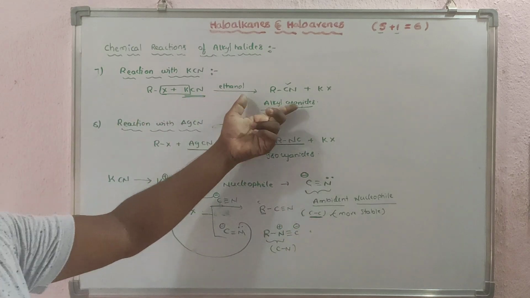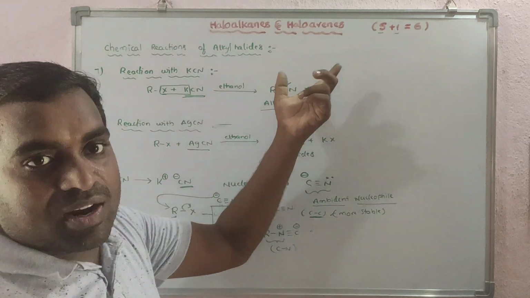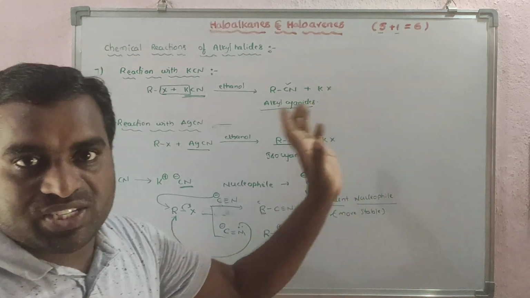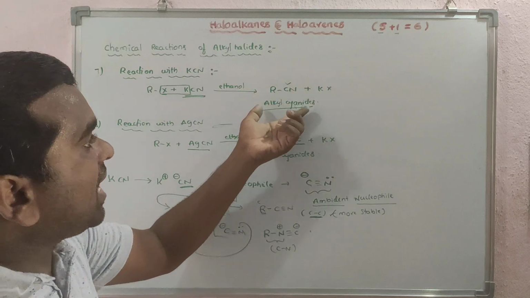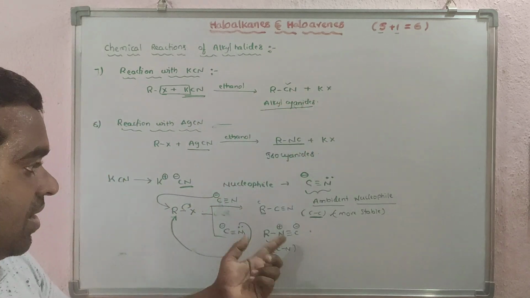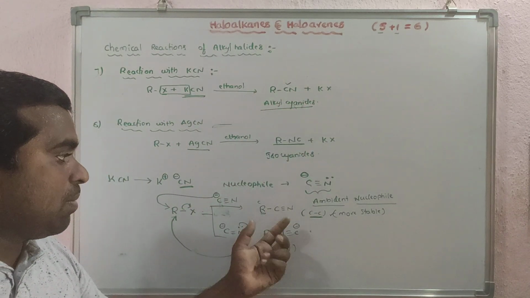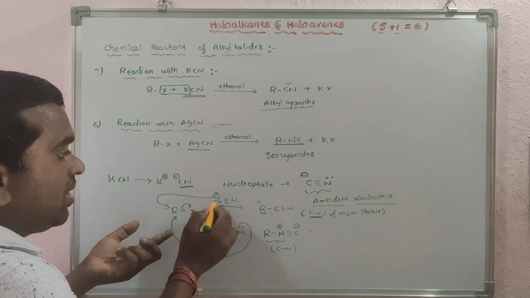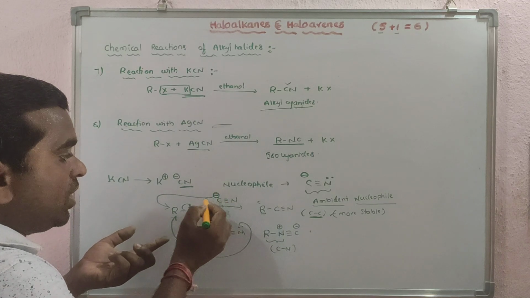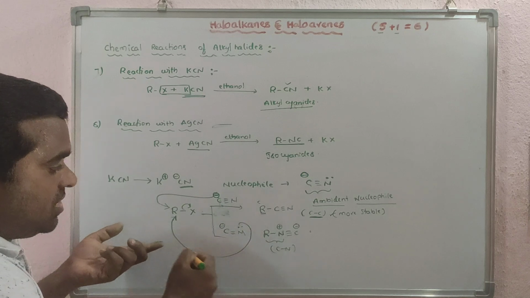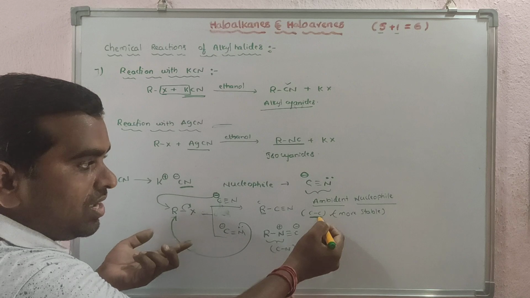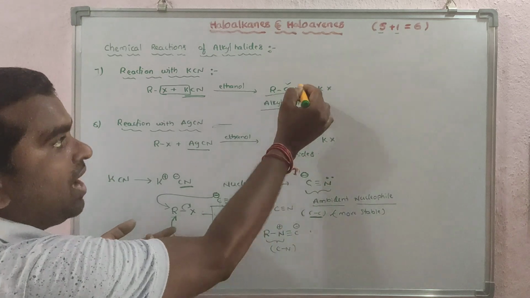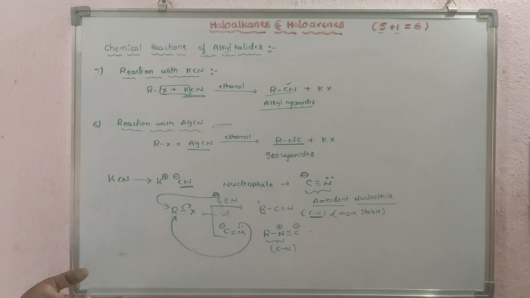So alkyl cyanides are formed when alkyl halide is treated with KCN. When carbon donates its lone pair, a C-C bond forms, and when nitrogen donates its lone pair, a C-N bond forms. The CC bond is stronger than the CN bond, so alkyl cyanides are the major product in this reaction.